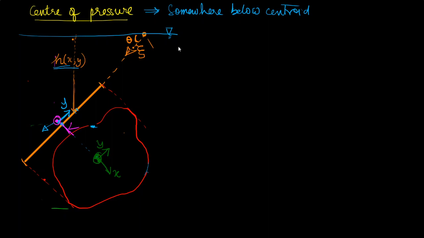So let us consider the moment of the force about the centroid. So we will have the total force acting on the object multiplied by the distance of the point at which the force acts. So let us call it YCP. So YCP is somewhere in this plane and we expect it to be over here somewhere.